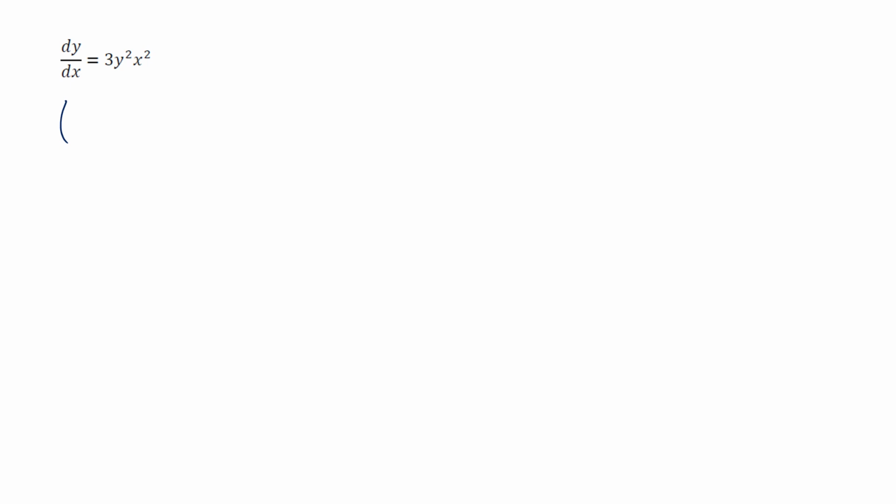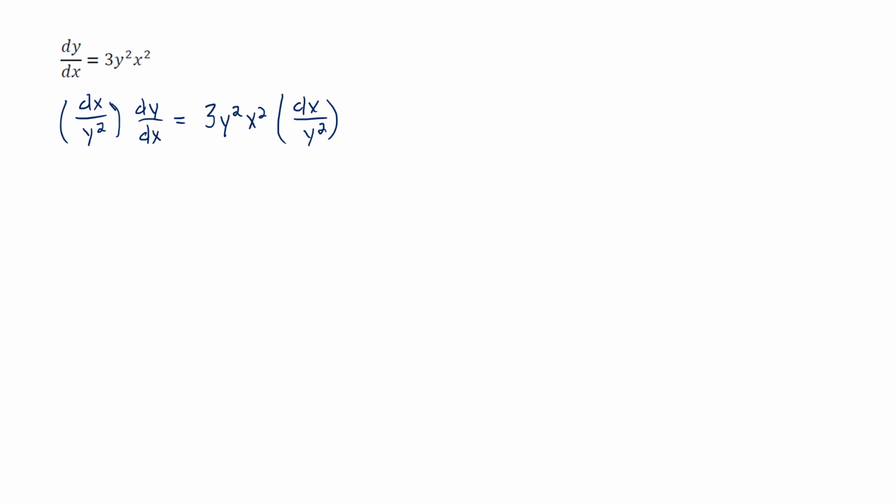So I'll have dx over y squared times dy/dx equals 3y squared x squared dx over y squared. Okay, I didn't have to subtract or add anything on either side because it is written in separable form.